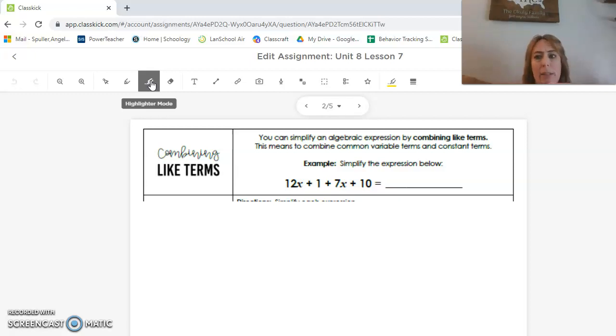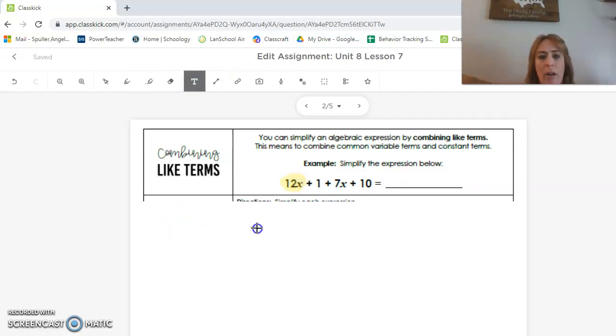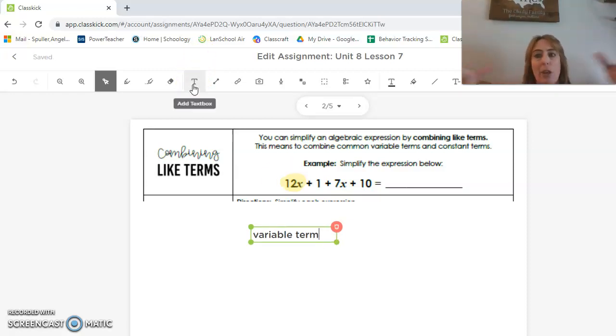Let's review last lesson. Last lesson, we talked about this partnership, we called that our variable term, remember? And we said that the variable and the number go together, okay?